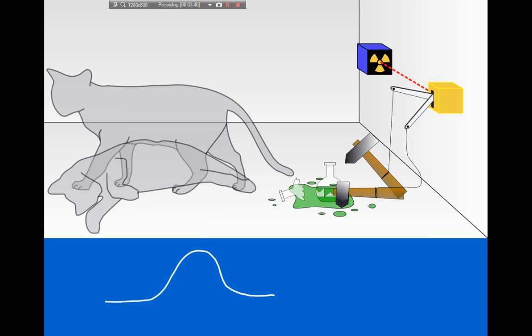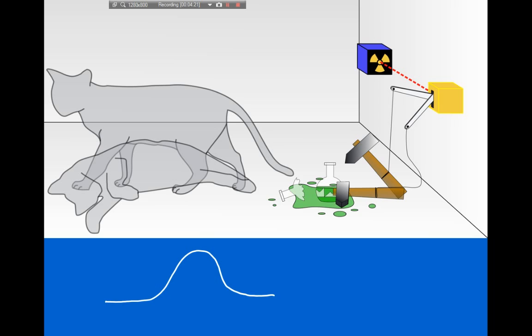And what Schrödinger said was, well, okay, according to the Schrödinger equation, the nuclei of the atoms inside here are in these quantum mechanical superpositions of decayed and undecayed states, which would mean that the Geiger counter is in a quantum mechanical superposition of states where it detected a decay and a state where it hasn't detected a decay, which furthermore means that the poison is in a quantum mechanical superposition of states where it's released the poison and it hasn't released the poison, which would finally mean that the cat must be in a quantum mechanical superposition of both dead and alive states.